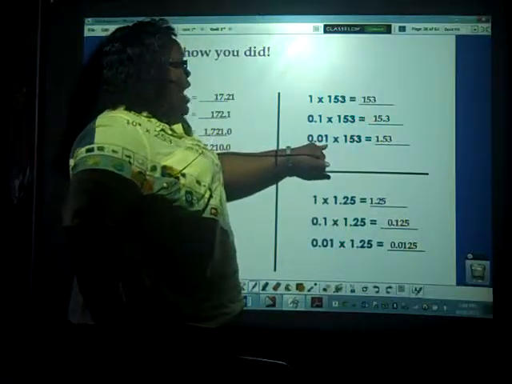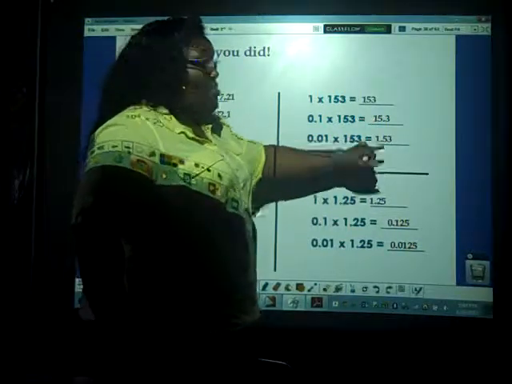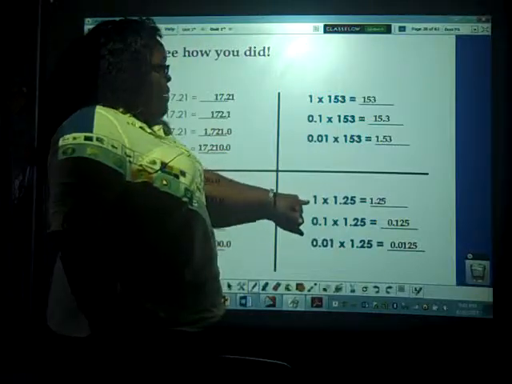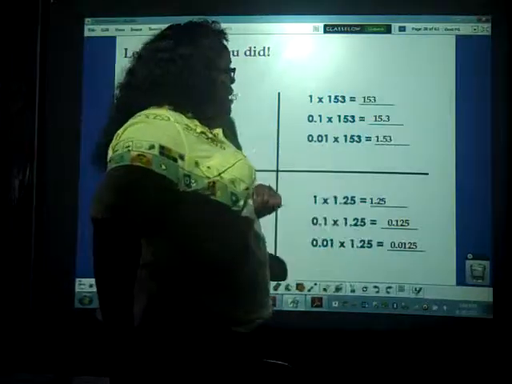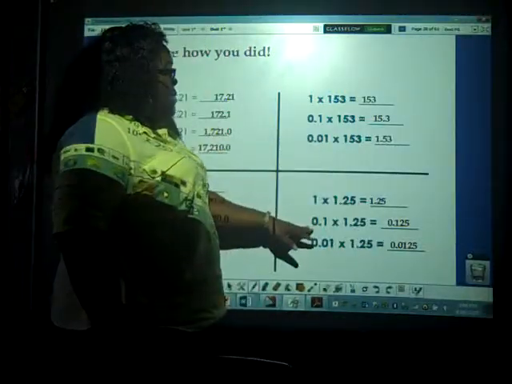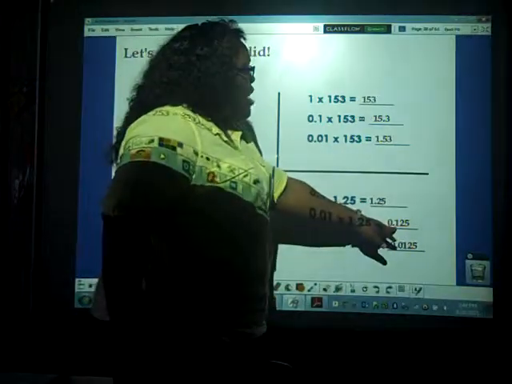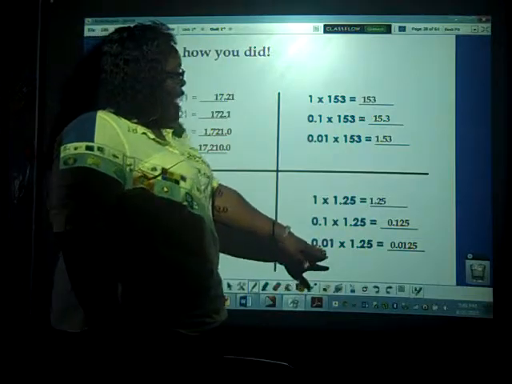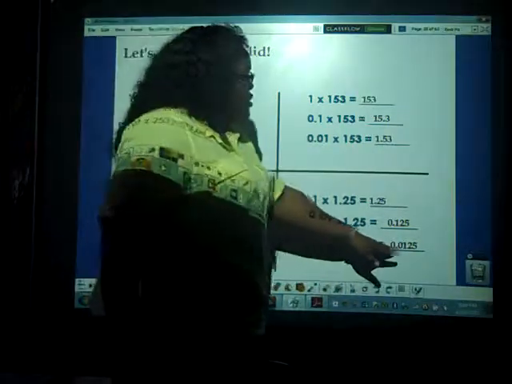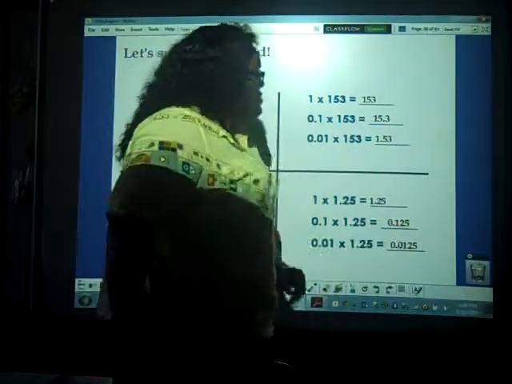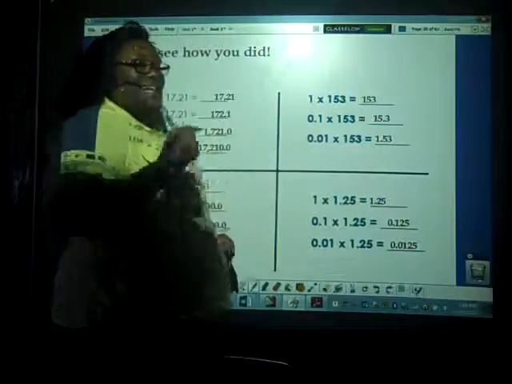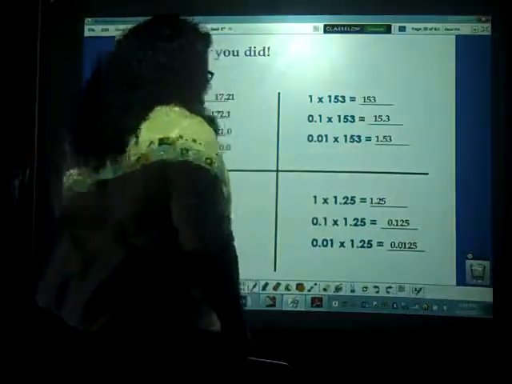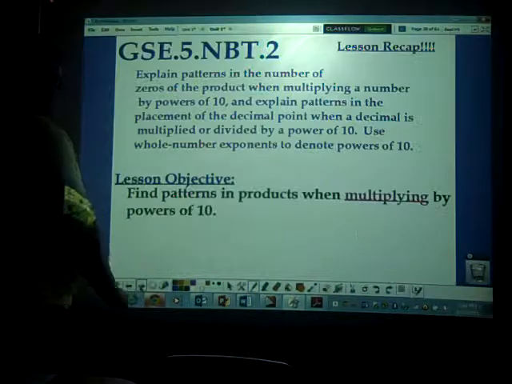Then I multiplied by 100ths and went to 1 and 53 hundredths. Here, I have 1 and 25 hundredths. Then I multiplied by 1/10 and went to 125 thousandths. Then I multiplied by 100ths, so it went to 125 10,000ths.